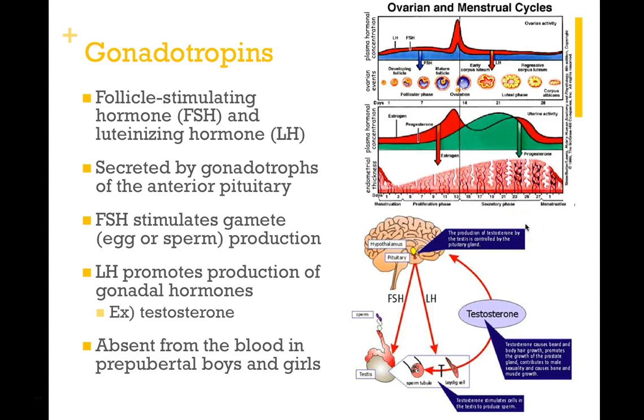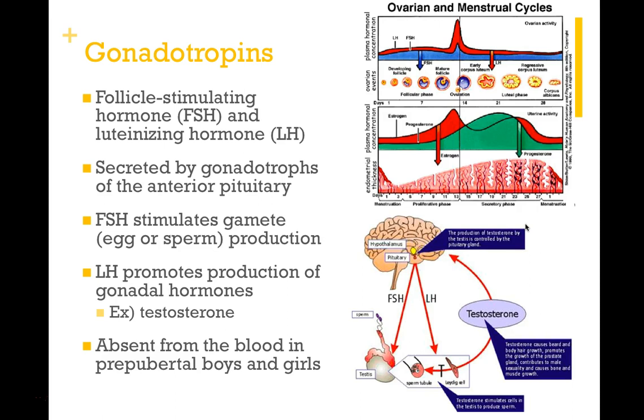FSH is going to stimulate gamete production. So this means it will head over to the ovary in a female and assist in the growth and production of the egg, whereas in a male, it will travel over to the testes and contribute to the production of sperm. Our luteinizing hormone, or LH, will promote the production of gonadal hormones.